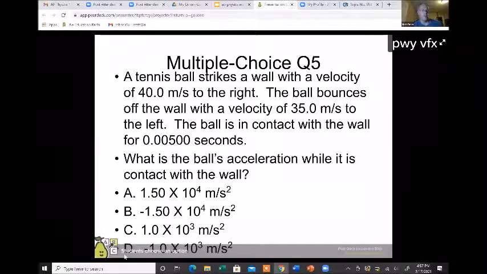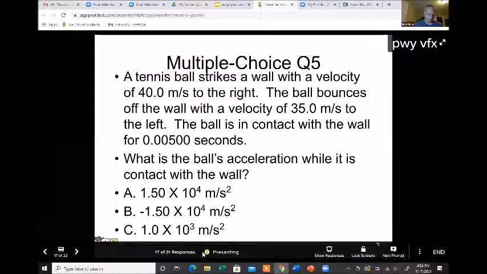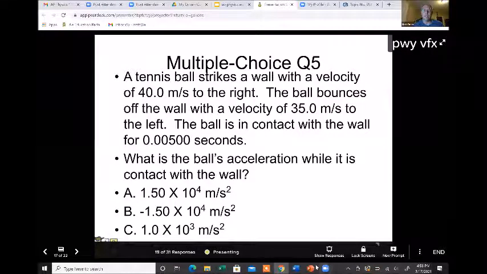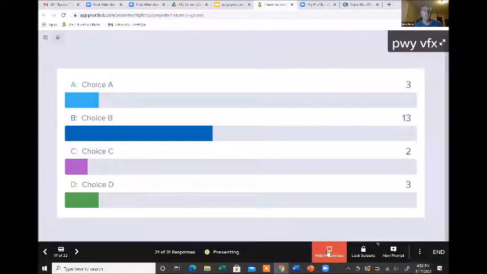So we're looking for the acceleration. All right, I want to take a quick look at the popular answers so far. So it looks like B is by far the most popular.